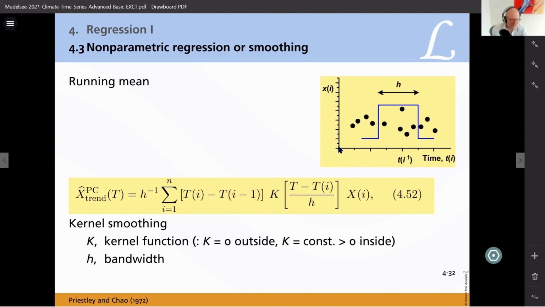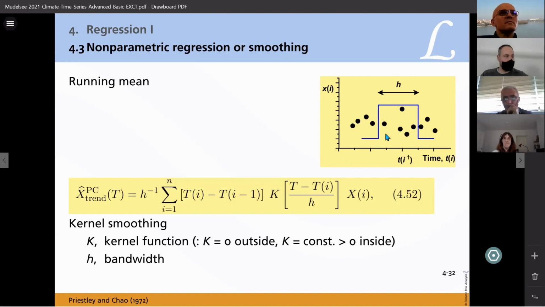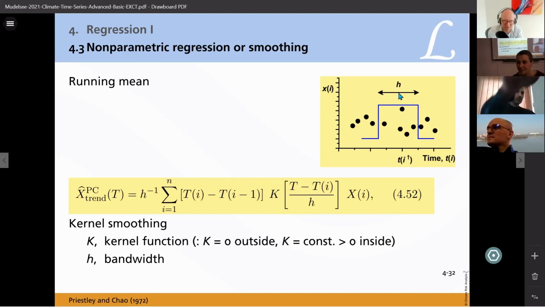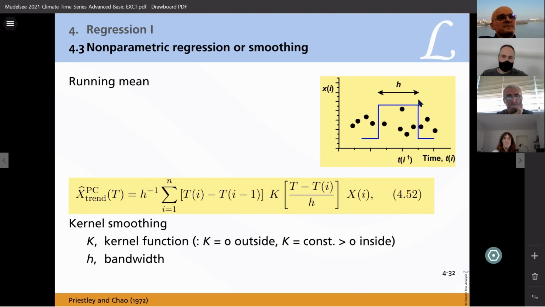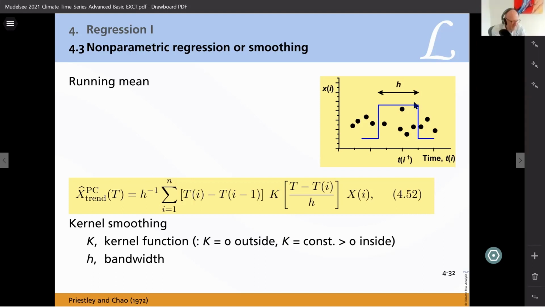Thanks. So the idea is to use a window. This is time, this is X, data points in black, the window in blue. The window is shifted along the time axis. The window has a width of h, small h. This is a bandwidth. The units are time units, years for example. And the running mean, when you have 1, 2, 3, 4, 5 points, would calculate the mean over those 5 points.